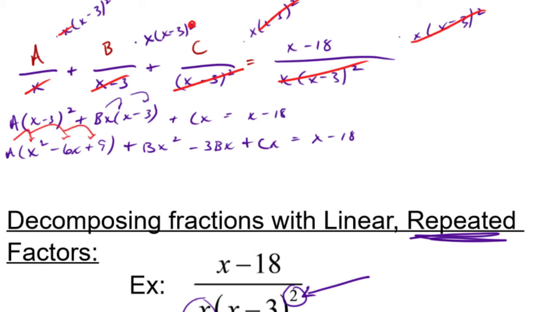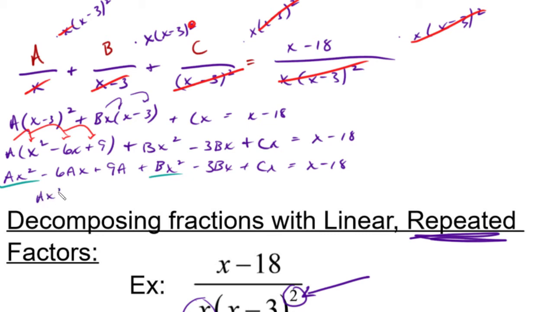And I'm going to get ax squared minus 6ax plus 9a plus bx squared minus 3bx plus cx equals x minus 18. Now I'm going to group my x squareds. So we've got an x squared here and an x squared here, and you've got ax squared plus bx squared.